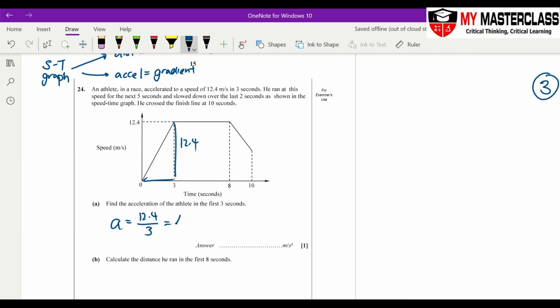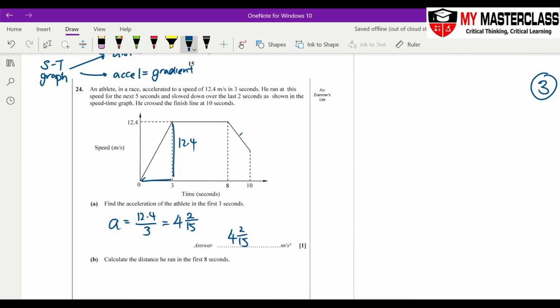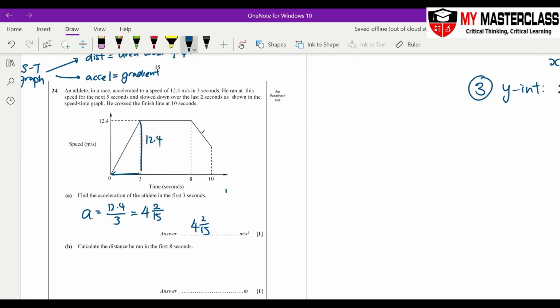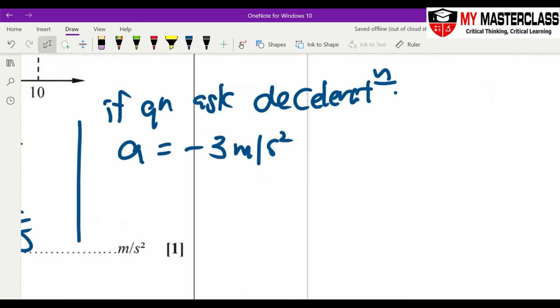Now look here. For example, right now, if the question asks for deceleration, and you found that your acceleration, the gradient, is equal to -3 meters per second squared, you cannot leave your answer as -3.